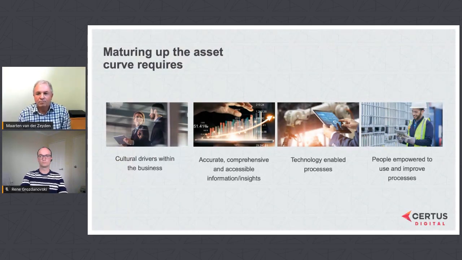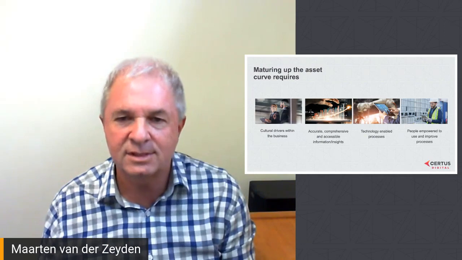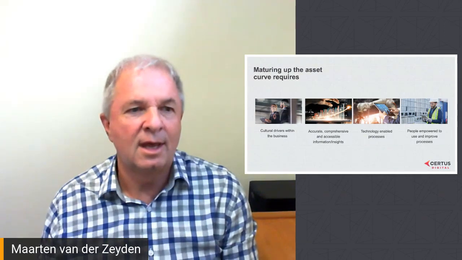But getting up the asset maturity curve demands more than technology, and it has probably taken me a while to work that out. I'm a great advocate of new technology to drive new process, to drive new behaviors. But the reality is that it takes more. The culture needs to change. People need to do different things at the end of a process, otherwise they won't have transformed.